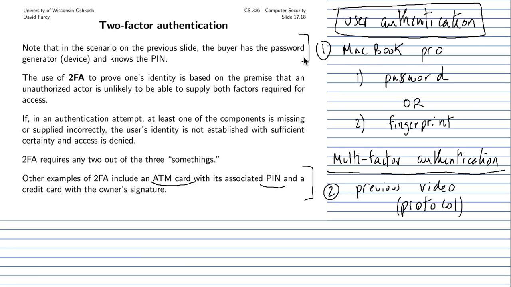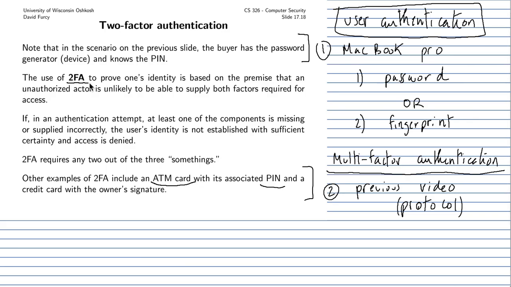Only through the combination of both of these could the user, or the buyer, authenticate themselves to the seller. So this was an example of two-factor authentication, because there were two factors: something the user knows, the PIN, and something the user owns, the device. We can abbreviate two-factor authentication with the acronym 2FA.